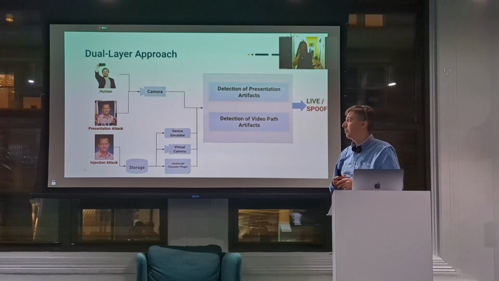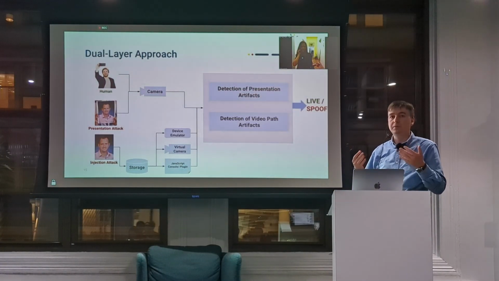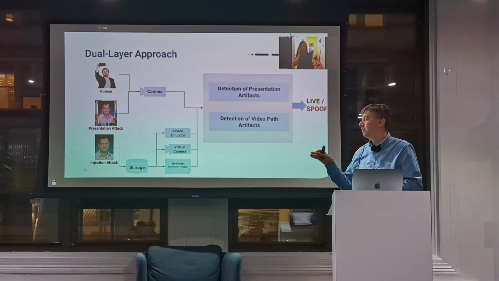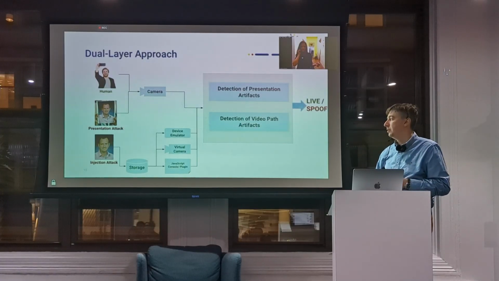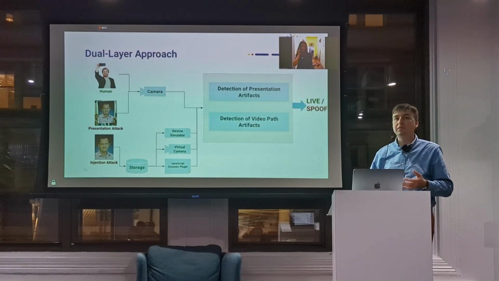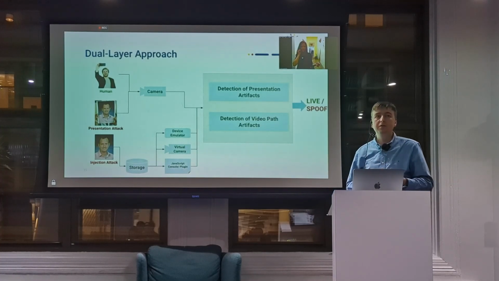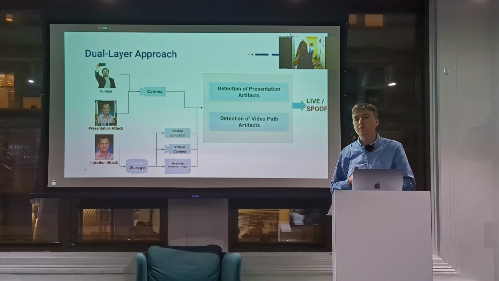In the first bad case, this is just a presentation to the camera. In the second case, this is injecting an image through a device emulator or virtual camera, or even a JavaScript console or plugin if the fraudster is dealing with a web application.